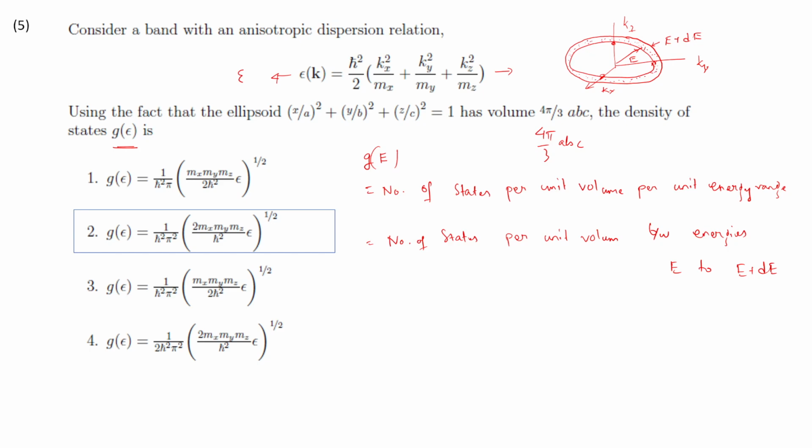So we have to find the number of these k points. We know that every state will have a contribution of 2 pi over L by 2 pi.